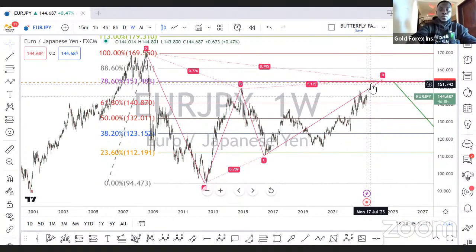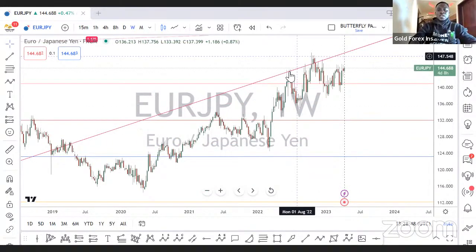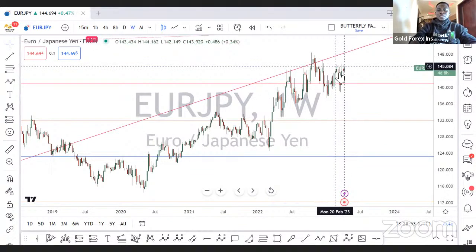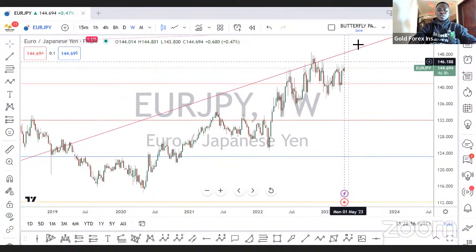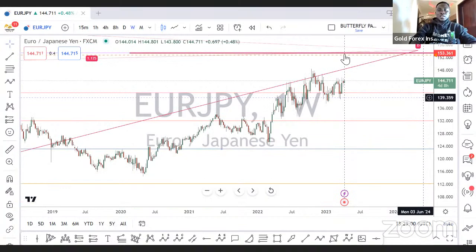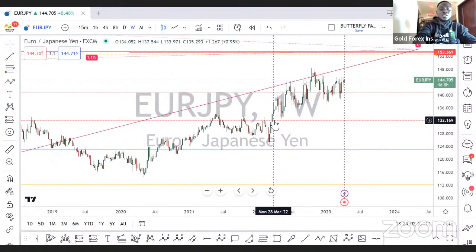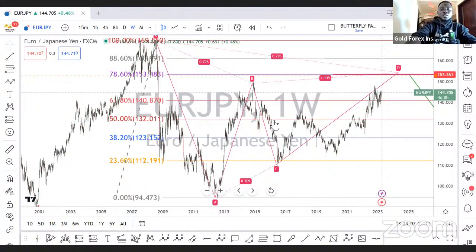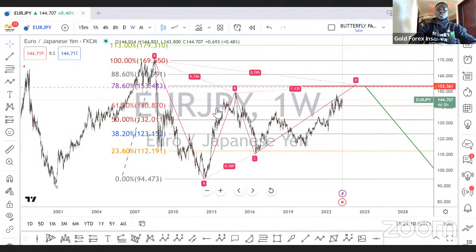You can see that there was a break of structure here. It comes back to the demand zone. I'm expecting it to form a higher high, break this structure, and keep going that way till it gets to this level. When it gets to this level, it will be the birth of this harmonic pattern, and this harmonic pattern is a Gartley pattern formation. Okay, 61, 78.6.